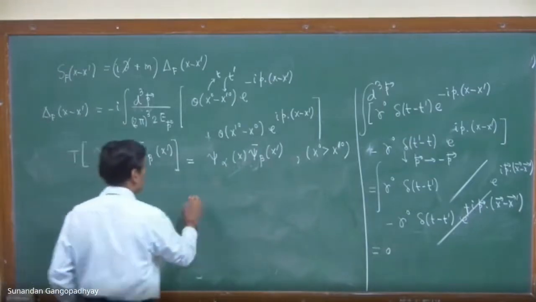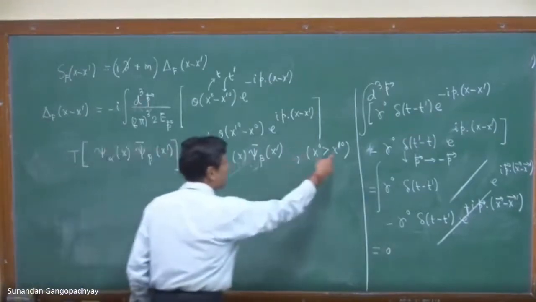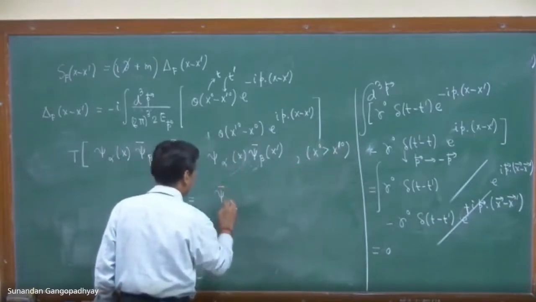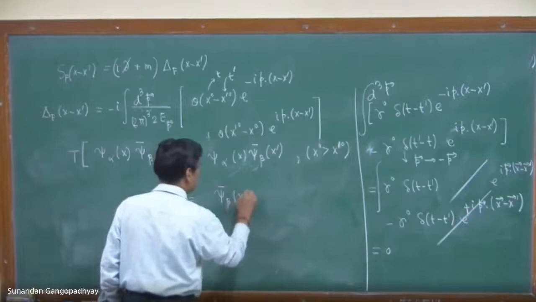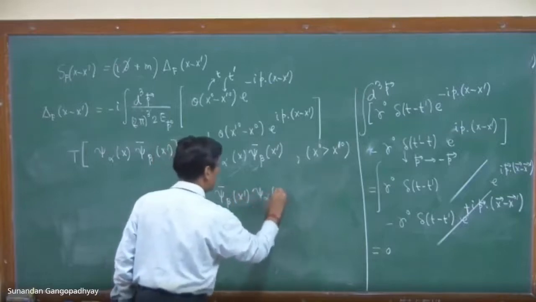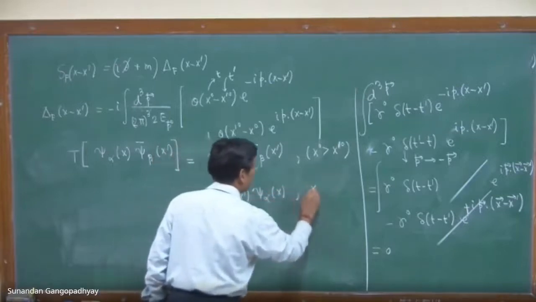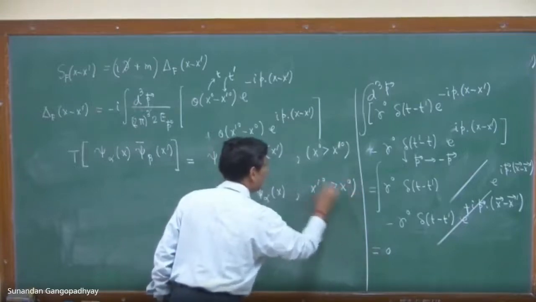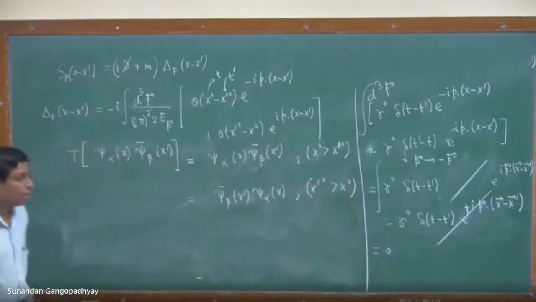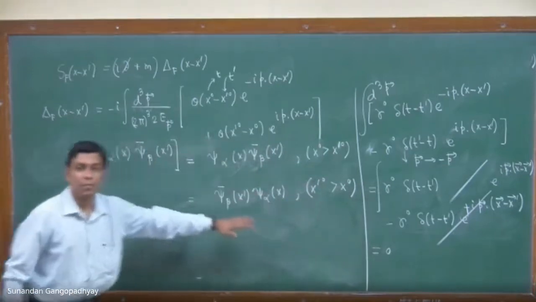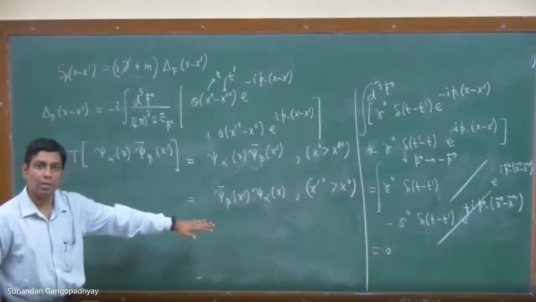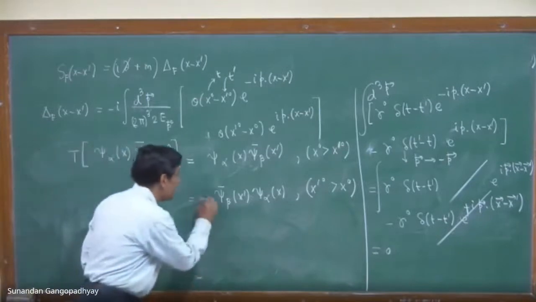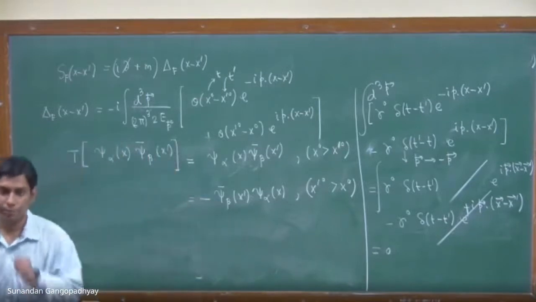And for the other case, for t prime greater than t, this is psi bar beta of x prime psi alpha of x, with a minus sign. This is exactly the same as we had for real scalar fields or complex scalar fields, but with the difference that in case of fermionic fields, we have a minus sign in front.